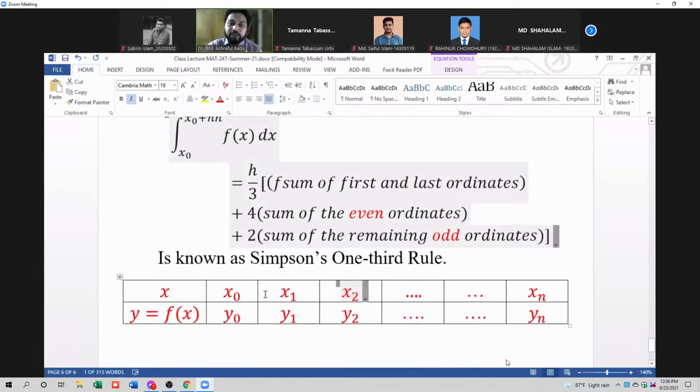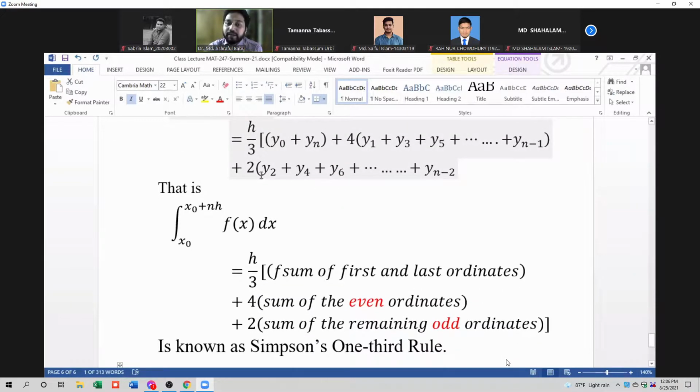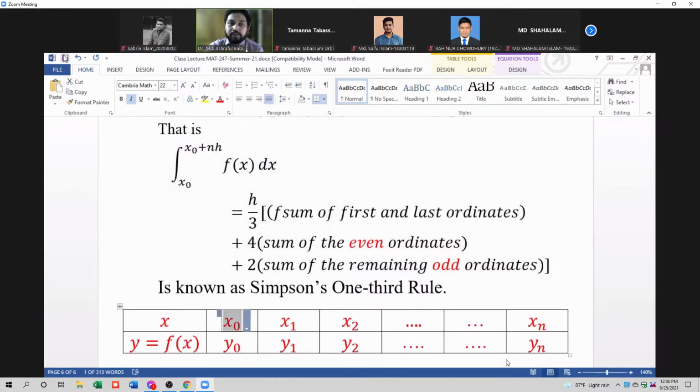Is it clear? Because it starts from x0, not x1, the even positions are the odd subscripts and the odd positions are the even subscripts. This is the answer to your question. Do you get this? Yes, sir.